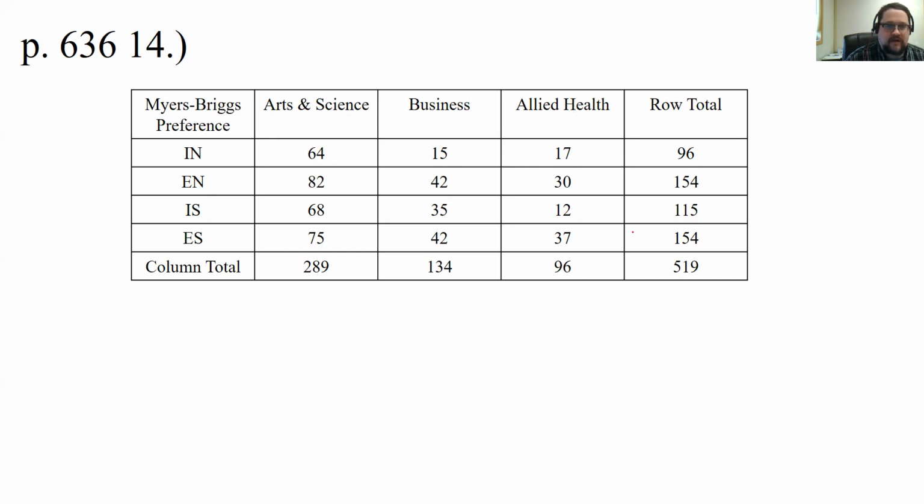And they have this data here, and we're going to try to see, is it independent? Could someone with an intuitive introvert preference be just as likely to go into business as somebody with an extrovert sensing preference? So let's see how we're going to do that.